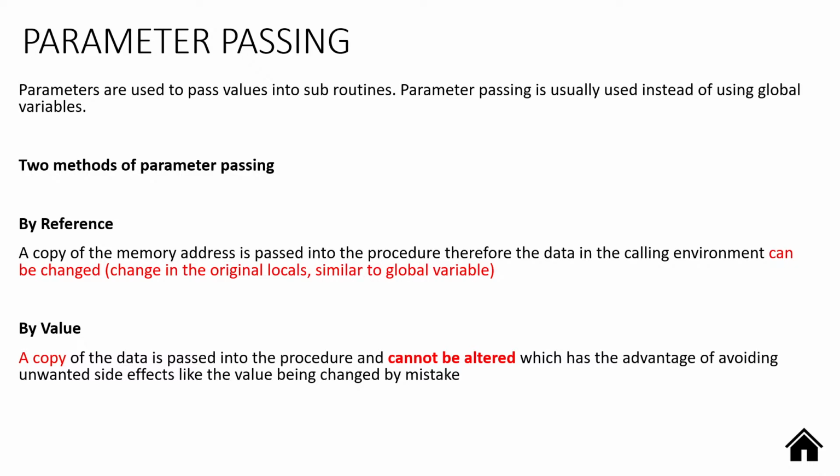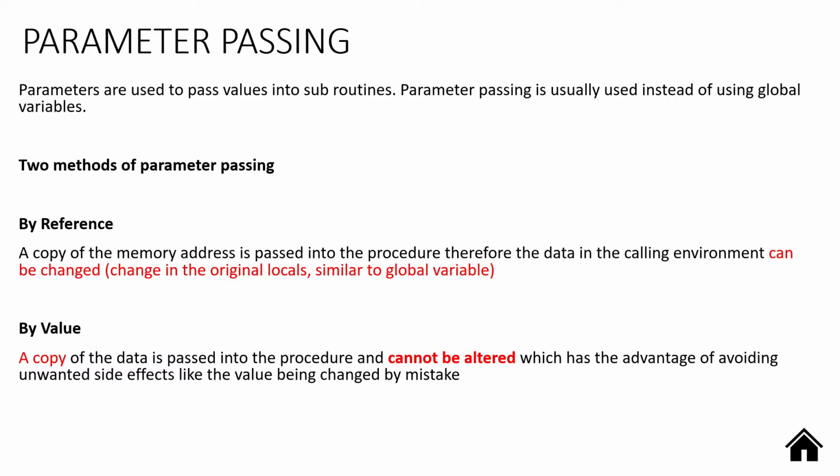If you pass data by reference, you are passing a copy of the memory address into the procedure. Because you pass the actual memory address itself, you can change the data in its original location in random access memory.